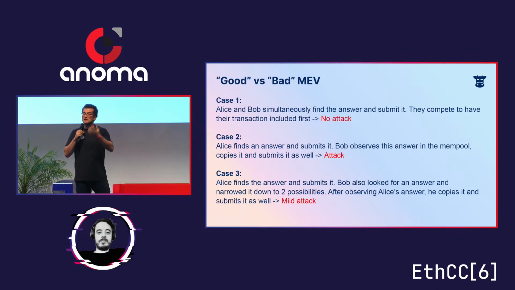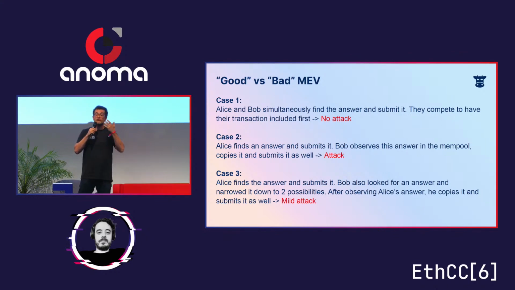Now, in the model, we classify this as an attack because Bob is using information extracted from Alice, but we will classify it as a milder attack because Bob has a lot of prior information to start with, so the amount of information he is extracting from Alice is lower, okay?